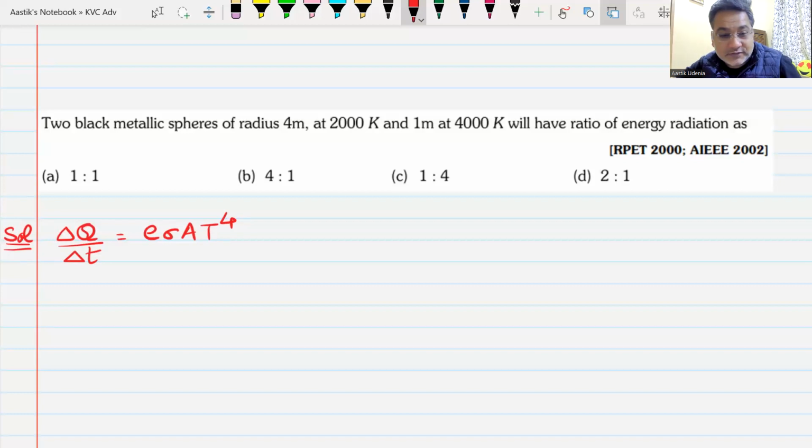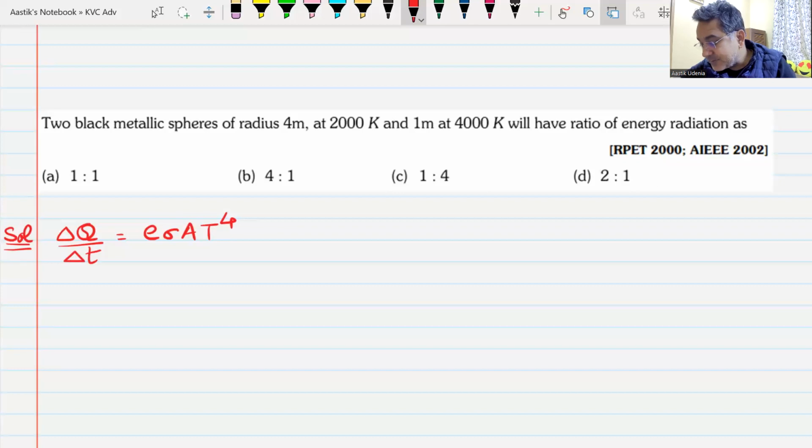So the answer, sir, is 4:1. Area is 4 by 3 pi r cube. Wow. You need to take deep breaths. Cool down. Think again. And then give me the answer.